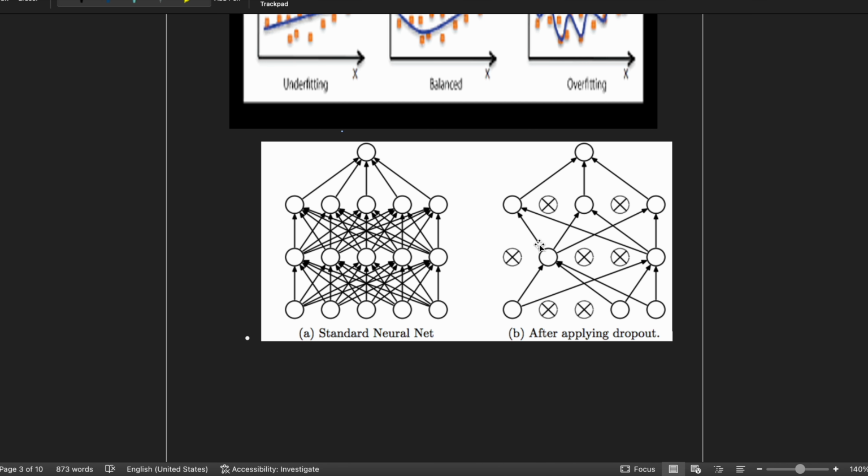So only the weights coming out of the nodes which are not crossed matter. And for the next epoch, maybe this is out and this is working, and this is out and only this is working. So for every epoch, the permutations will change accordingly.